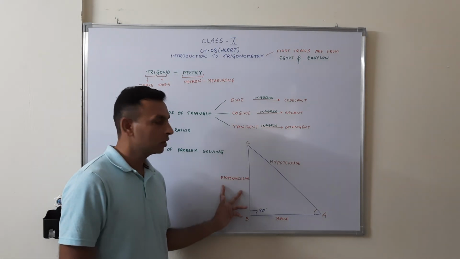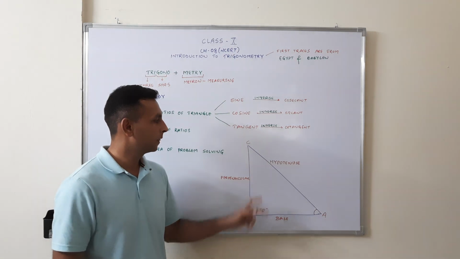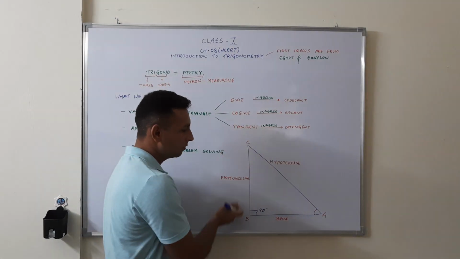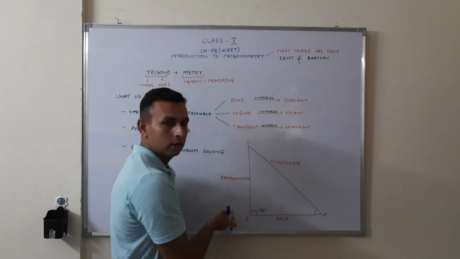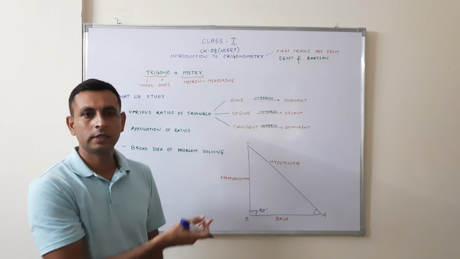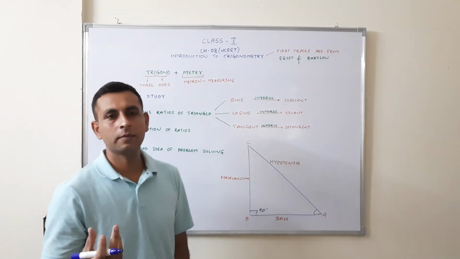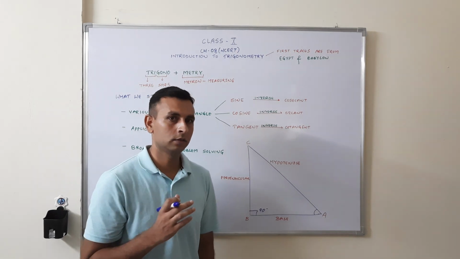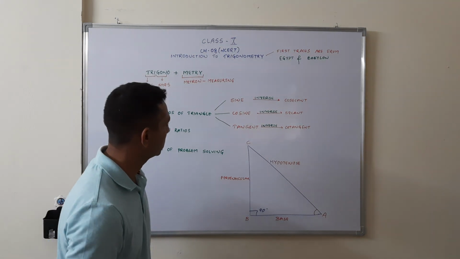BC is the perpendicular and AC is the hypotenuse. You can name it otherwise also. You can name it as ABC, CBA, or BCA. That is up to you. But whenever you take the ratios, you have to keep a few small things in mind. What are those? We will discuss now.